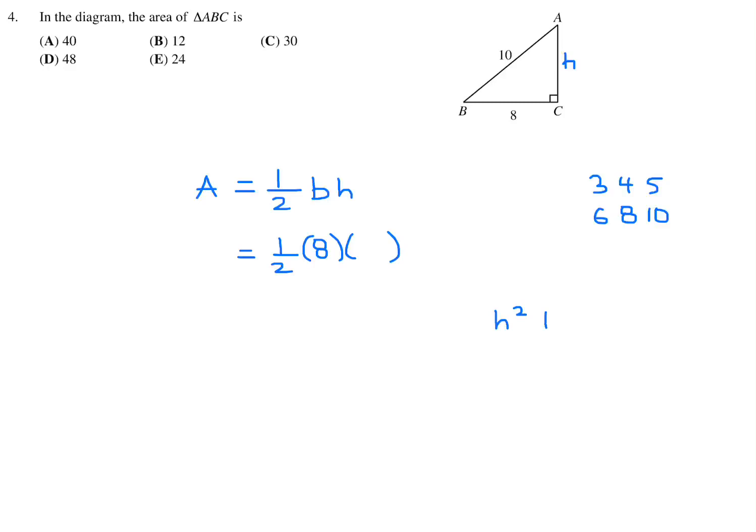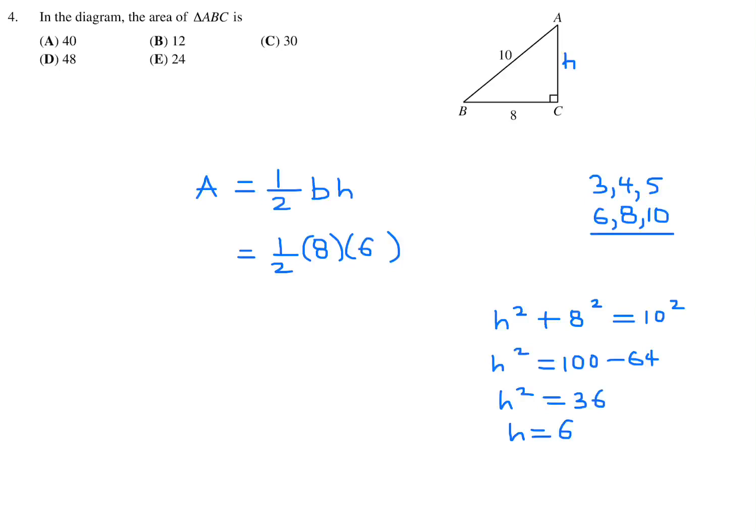And using Pythagoras, h squared plus 8 squared is equal to 10 squared. And that looks like h squared is going to be 100 minus 64, which is 36, and therefore h is equal to 6, right? So it is indeed a 6, 8, 10 triangle. So there you go, put 6 in there, and that means you've got 8 times 6, which is 48 divided by 2, so 24 is the area.